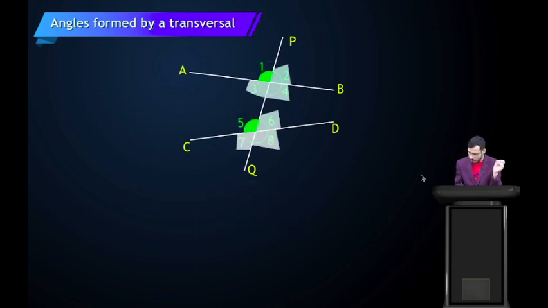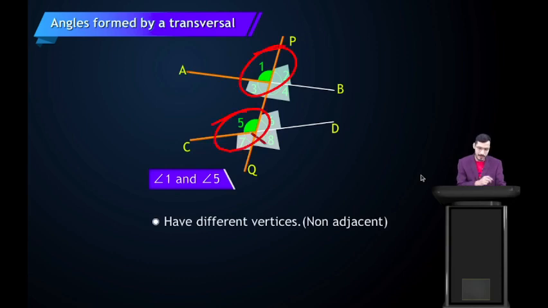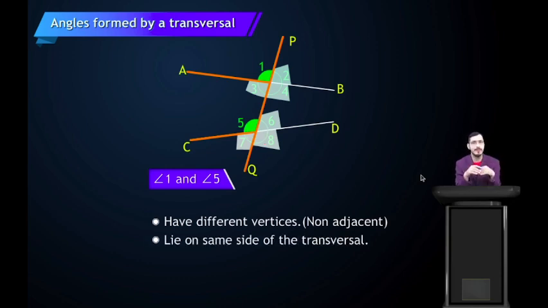Now when we talk about angle 1 and angle 5, they have different vertices, so they are non-adjacent angles. Angle 1 and angle 5 lie on the same side of the transversal, both on the left side.